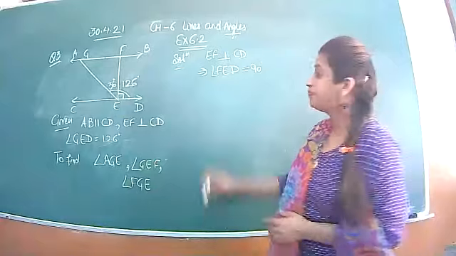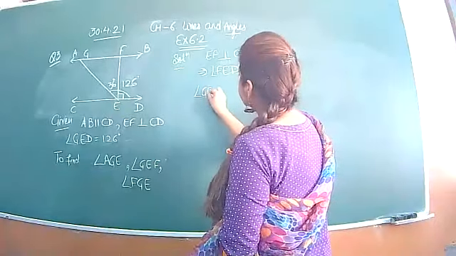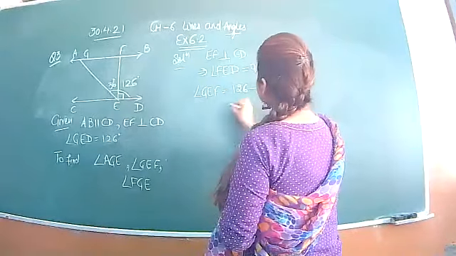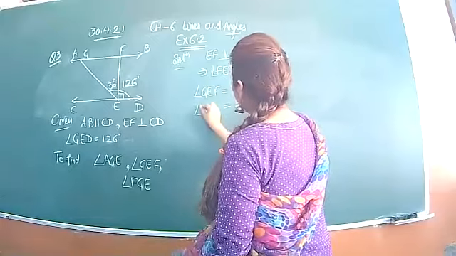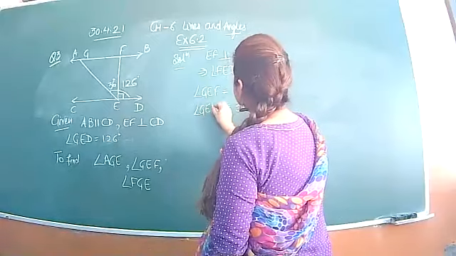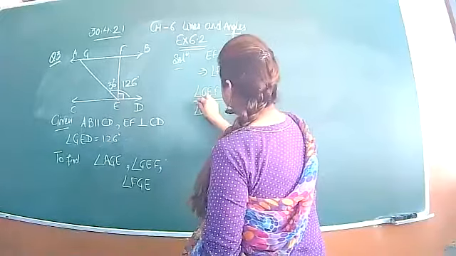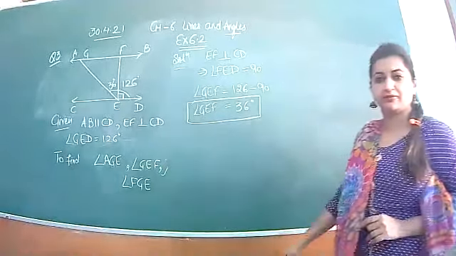Is it okay? So angle GEF is 126 minus 90, that is 36 degrees. So we have got GEF as 36 degrees. So we have got this first angle.